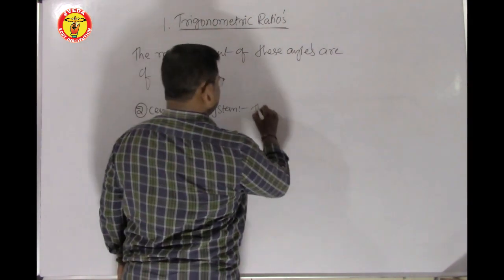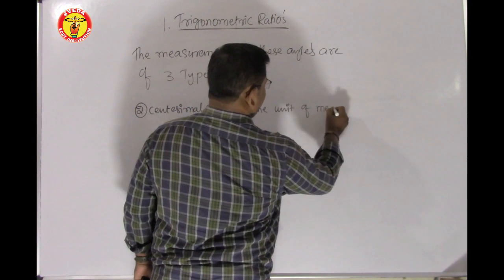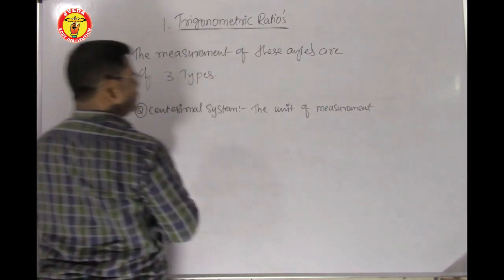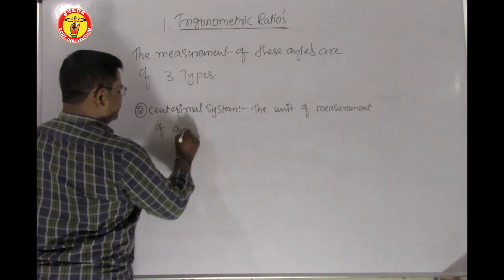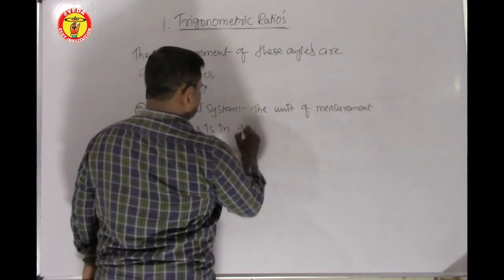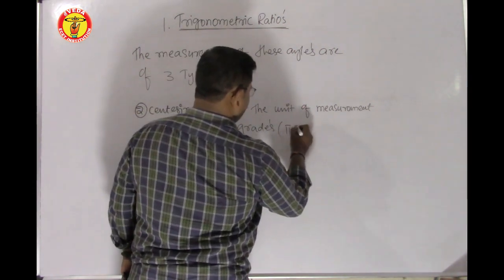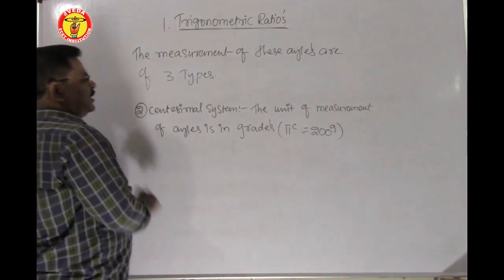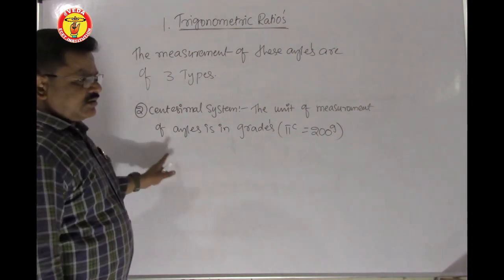The second method is the centesimal system. In this, the unit of measurement of angles is grades, that is, pi radians is equal to 200 grades. While comparing with the sexagesimal system, it is quite opposite and entirely different.